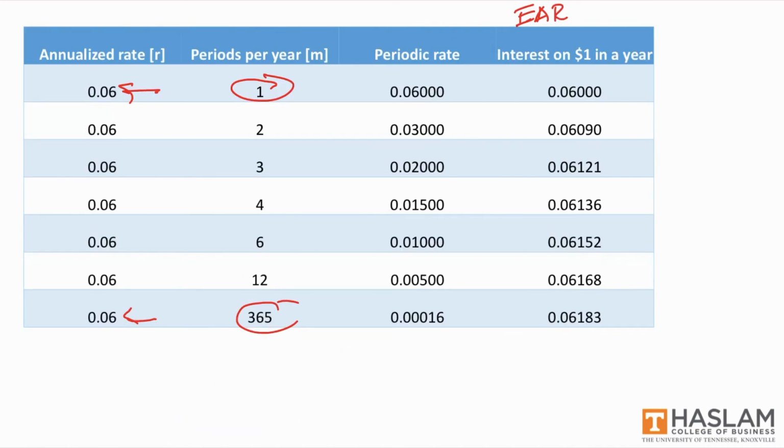And going to this example, we say there are infinite periods per year, or continuous compounding. Interest earned in the year is 6.184%, so it's slightly higher than the daily compounding case.